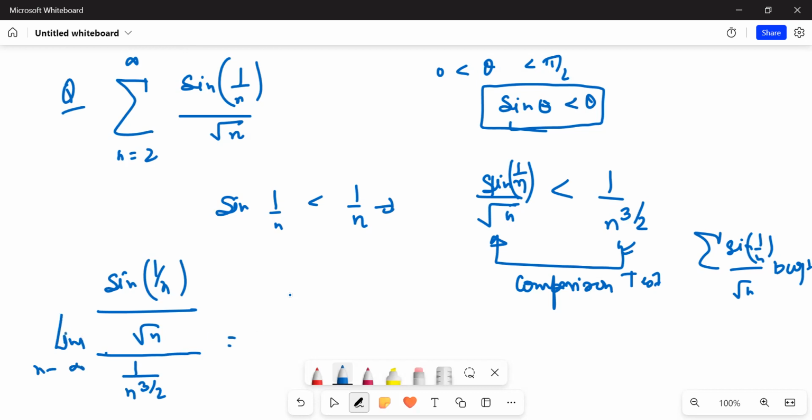So it implies sine(1 upon n) divided by (1 upon n) as n tends to infinity. You can do it on your own. n to the power 3 by 2 will go up, and root n cancels root n.